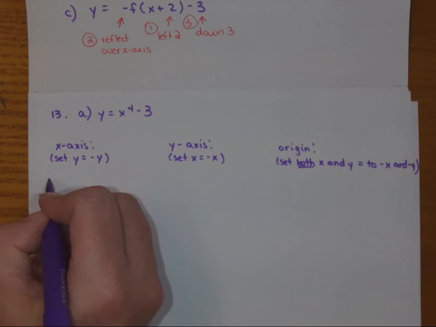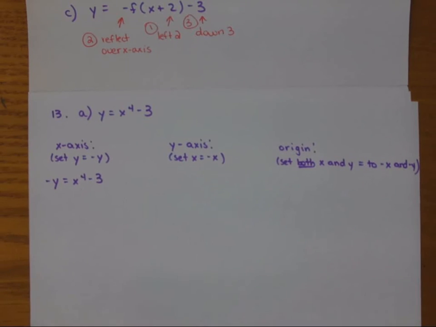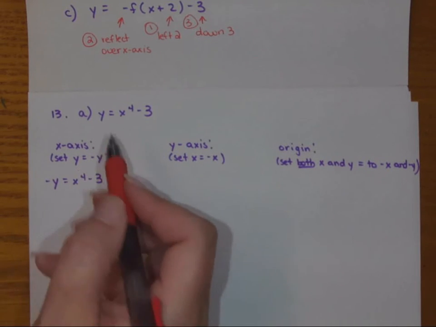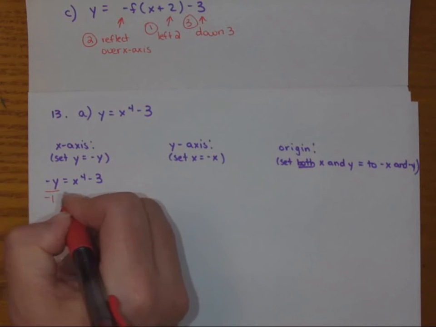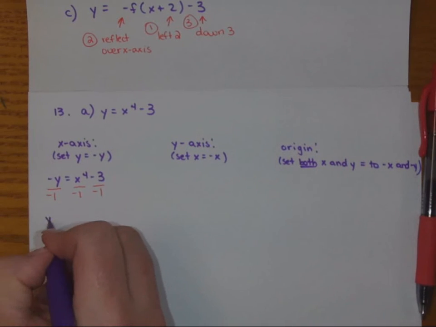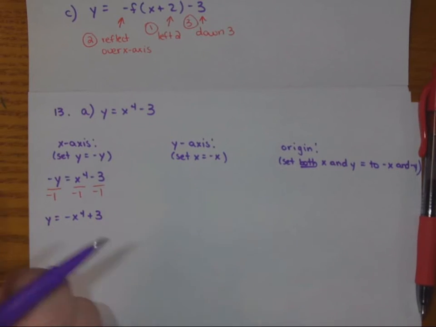Okay, so we get -y equals x to the 4th minus 3 here. When you simplify, try to make it look like the original. In other words, we want this to look like y equals. So notice we divide by -1, right? So we get y equals -x to the 4th plus 3.